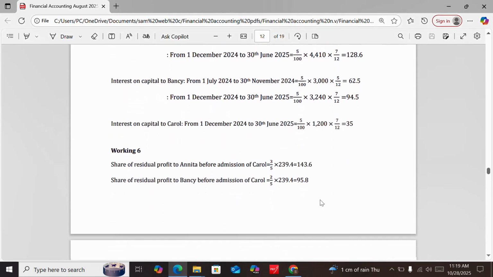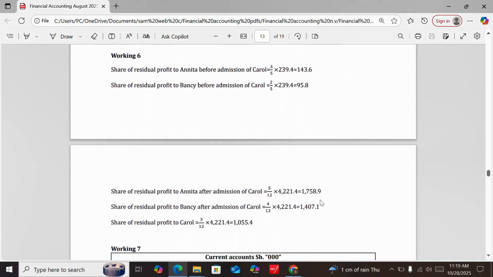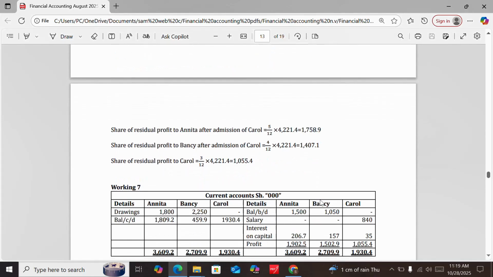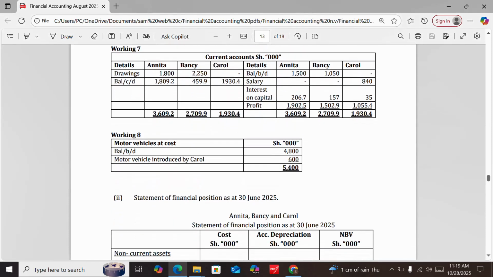Then we have working 6, the share of residual profit. And then we have working 7, their current accounts. And then we have working 8, this is just adding motor vehicle, which was brought in by Carol.